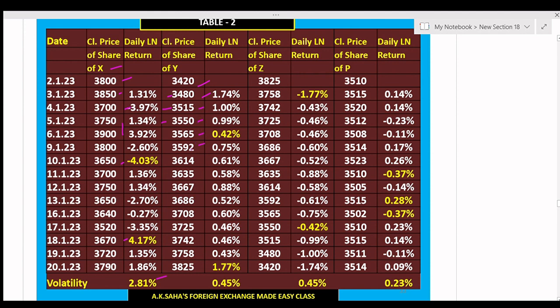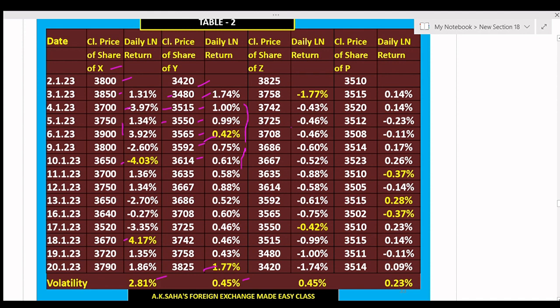It is increasing, and the daily LN returns are all positive and range from 0.42% to 1.77%, and the volatility is 0.45%.